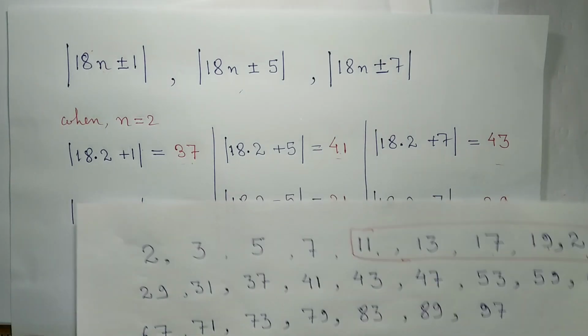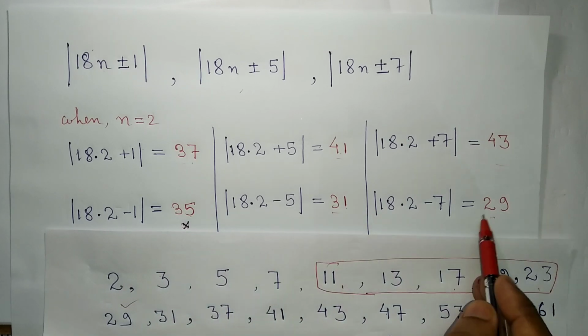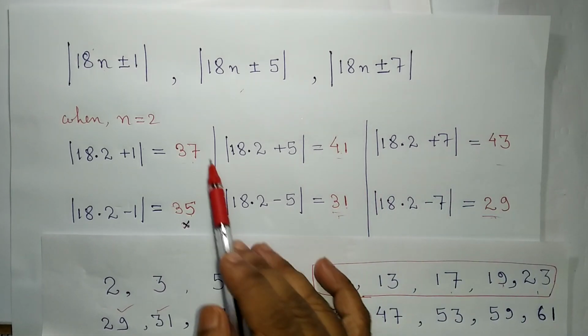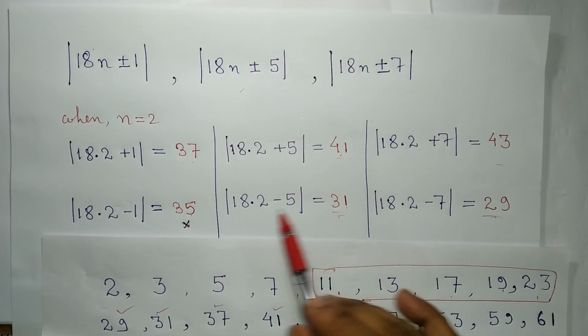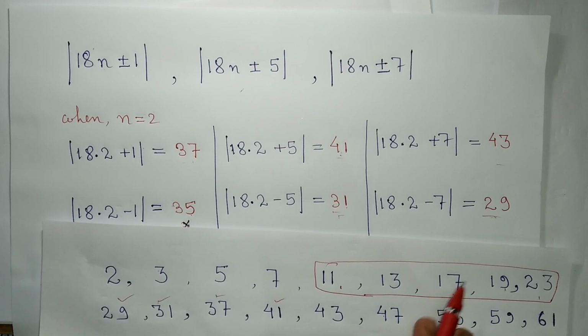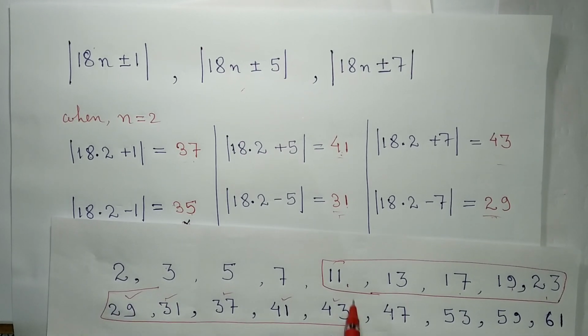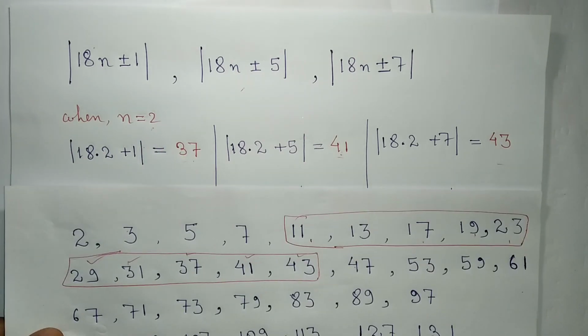Here, if we match with the list of prime numbers, we get 29, 31, 37, 41 and 43. This means all these prime numbers are covered when n equals 2.